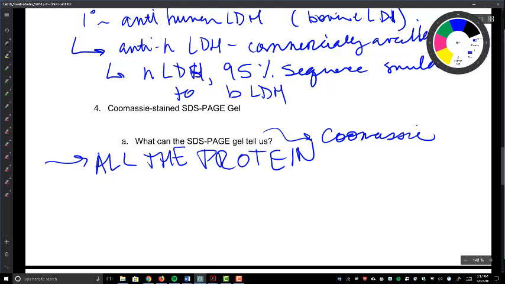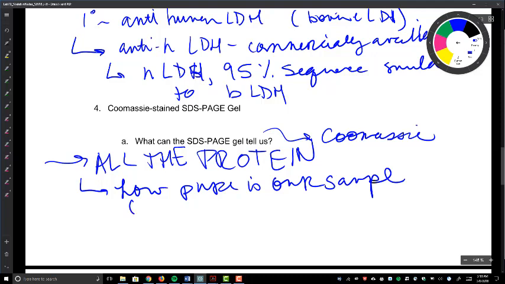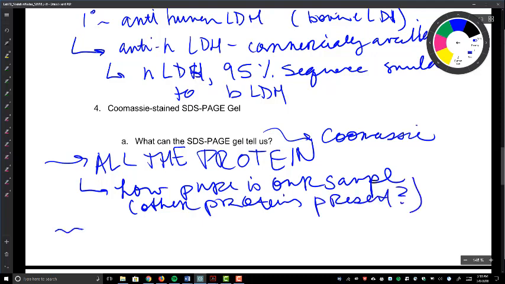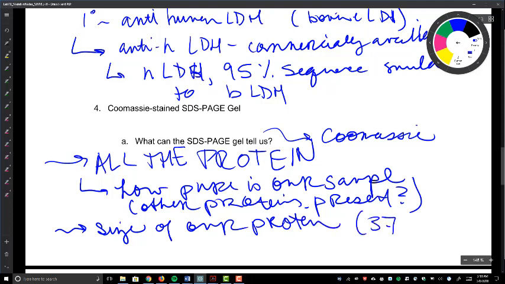All right, and so what this can tell us is how pure our sample is. Are there other proteins present? It can also tell us the size of our protein, so in this case it can help us determine whether or not our protein of interest is in fact 37.5 kilodaltons.